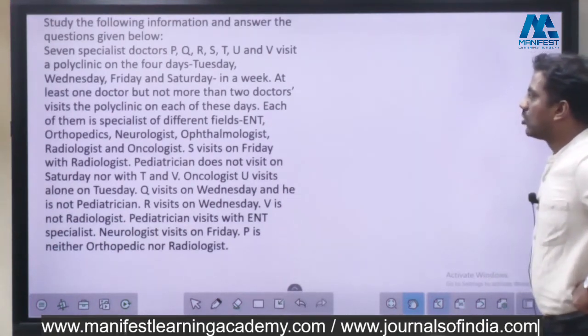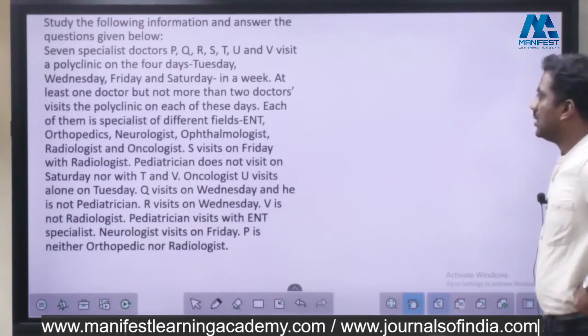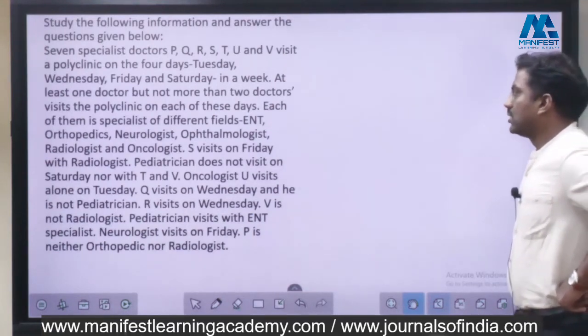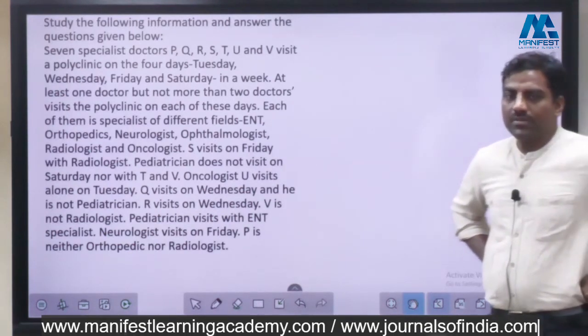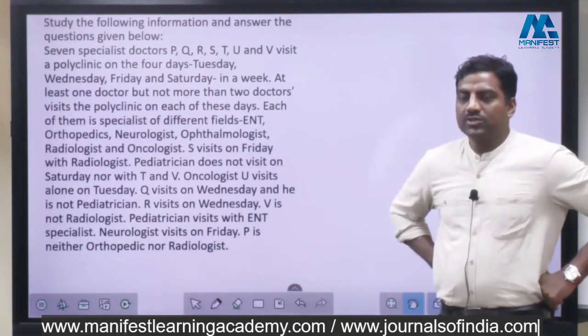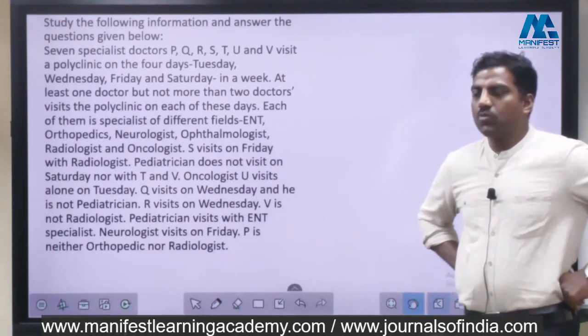At least one doctor, but not more than 2 doctors, visit the polyclinic. What does that mean? At least 1 or 2, not more than 2.